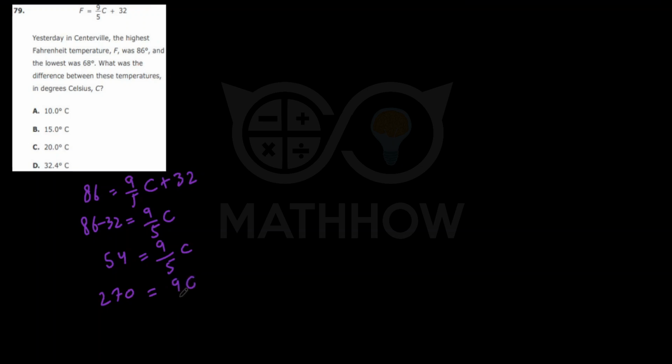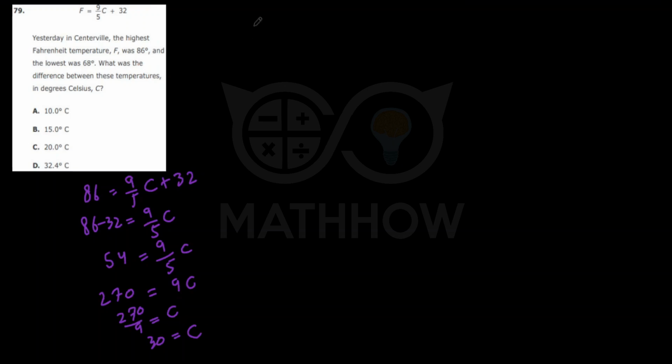Dividing with 9 on both sides, 270 divided by 9 equals C, and this will become 30. So the highest temperature in Celsius is 30 degrees.